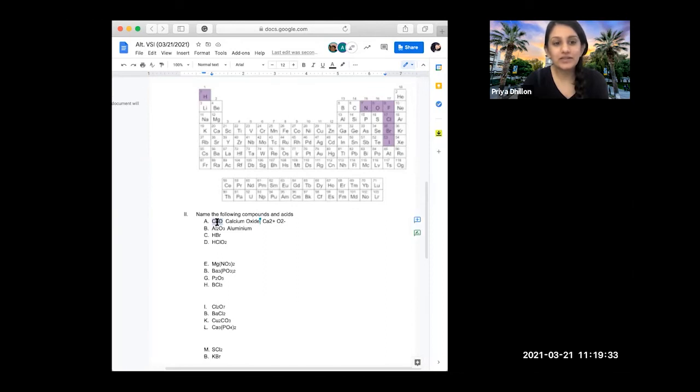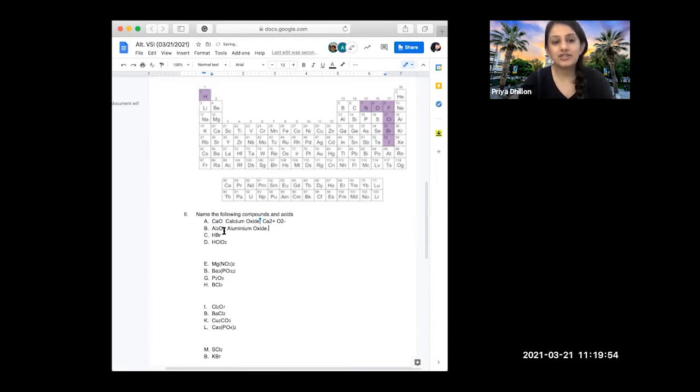For the first element, we keep it the same, just like how the elements are in the periodic table. So we keep the calcium, but for the second element, we change the ending. So we change the oxygen to "ide". So for here, we're gonna do the same thing. It's gonna be aluminum oxide.